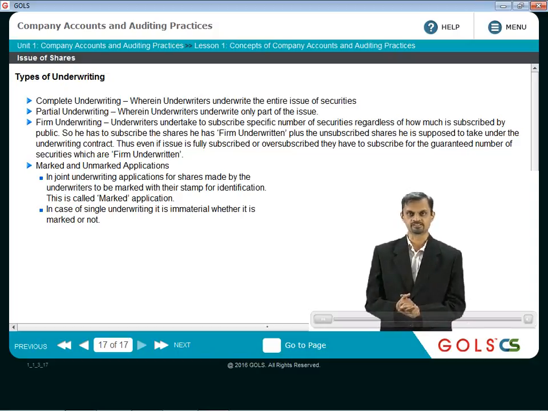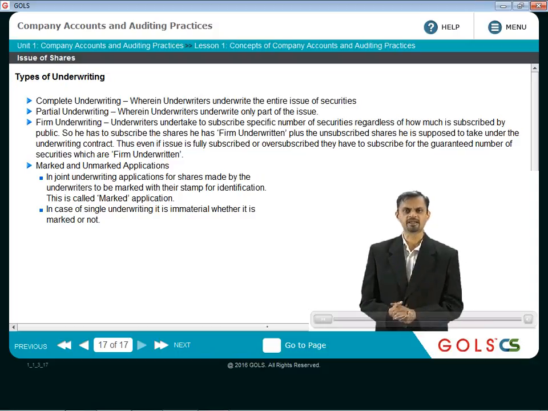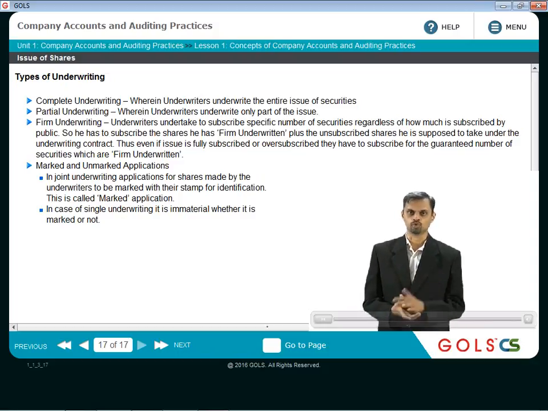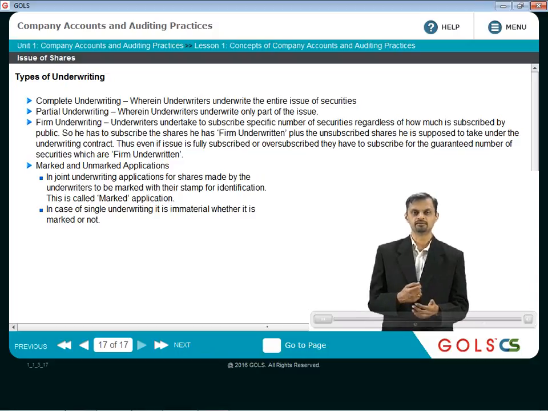So because there are 2 or more underwriters, the company needs to know who has exactly taken up the shares, and that is why on the applications made by the underwriters for taking up the shares, they have to put their stamp so that the company understands that this application has come from this underwriter, another application has come from another underwriter. It's purely for identification purpose.